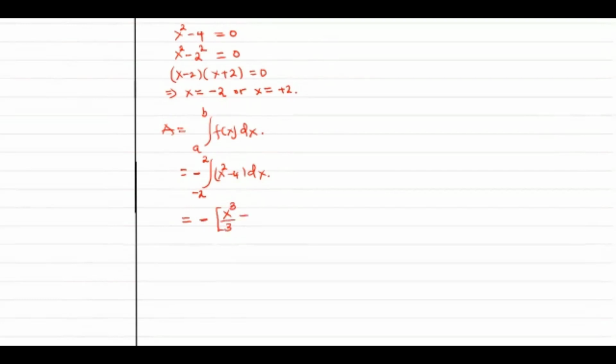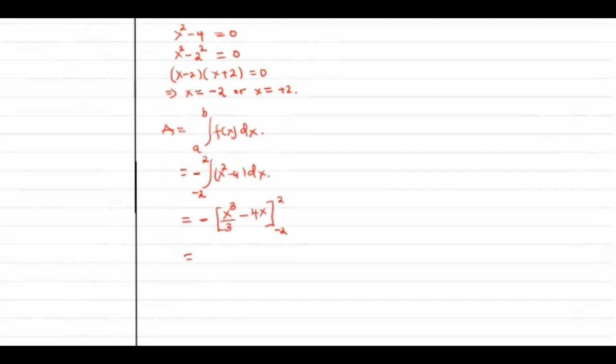Now 4 is the same as 4x power 0, so we increase the power by 1, so it's going to be 4x power 1, which is 4x, divide by the new power, which is 1, and that will result in 4x, and not forgetting our boundaries from -2 to +2. We can then go ahead and evaluate this.